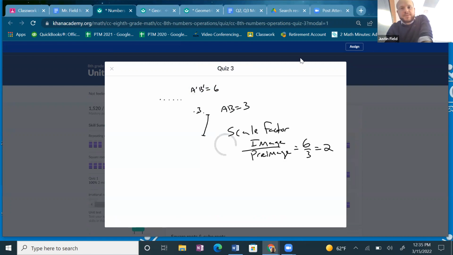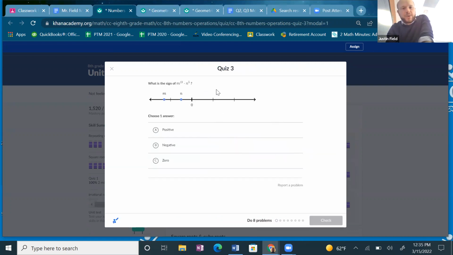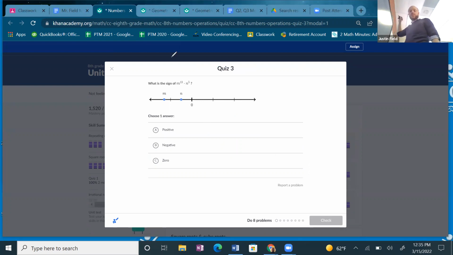Now, it's important that we go back over exponents. It's been a while, but exponents are super duper important. So we want to know the sign, right? When we're talking about the signs of exponents, first of all, even exponents make something positive.